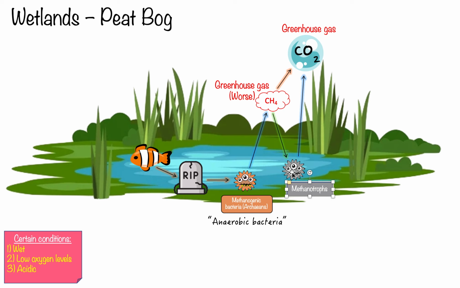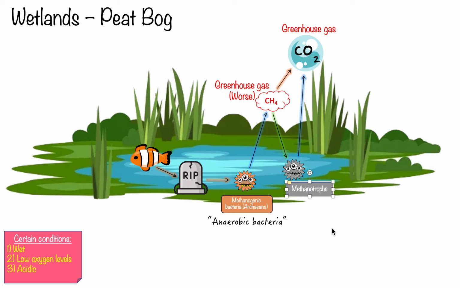These anaerobic bacteria can, as they break them down, produce a really bad greenhouse gas called methane. Methane can either be eaten by these methanotrophs, which will create carbon dioxide as a byproduct of eating it, or it can be directly oxidized to carbon dioxide, okay? So either way, at the end of the day, we get methane and carbon dioxide, both bad greenhouse gases.